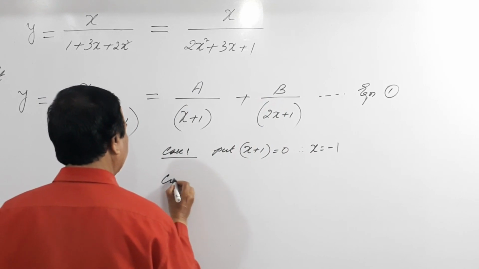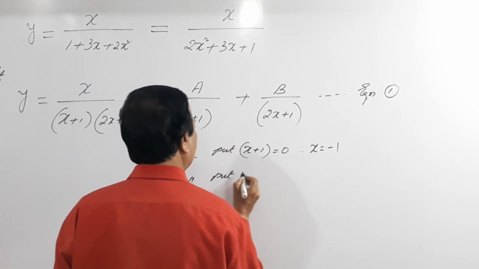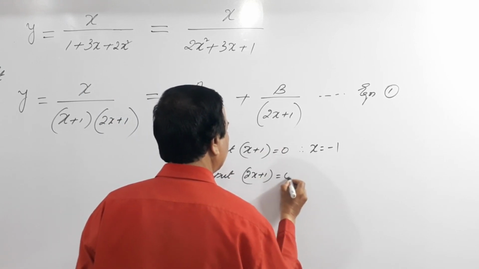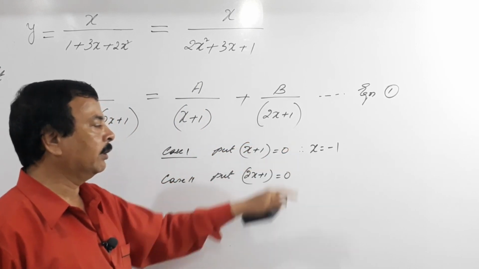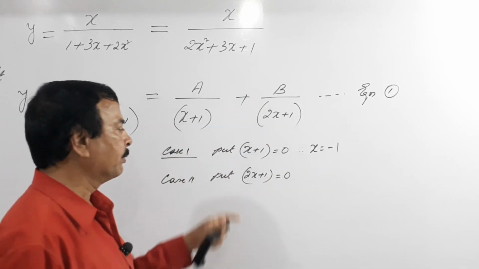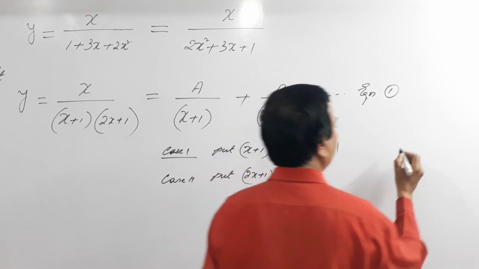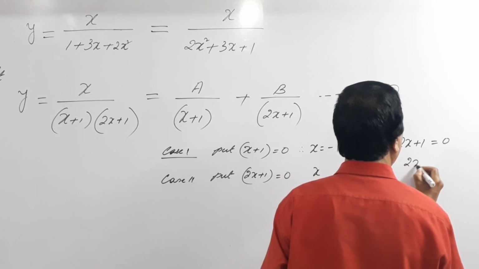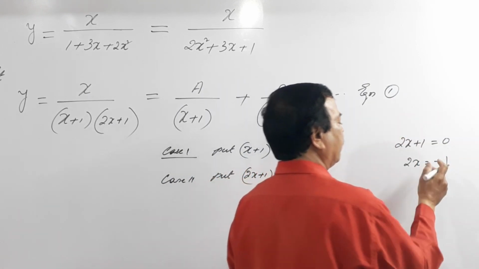Case 2. Put 2x plus 1 equals to 0. I am equating the denominator to 0 in order to find the values of x. This will help me to find the values of A and B. So 2x plus 1 equals to 0, or 2x equals to minus 1. If this 1 goes to the right hand side, it will be minus 1.